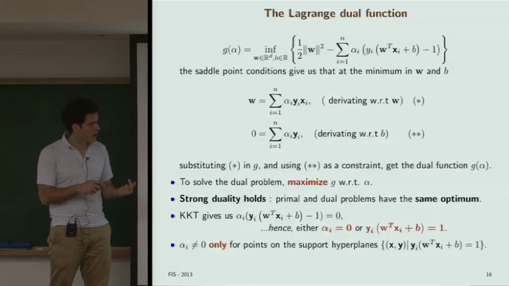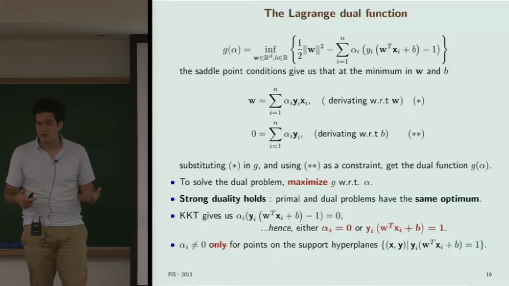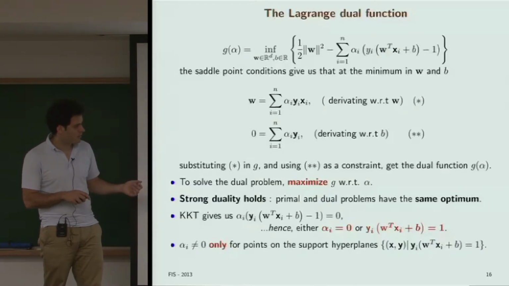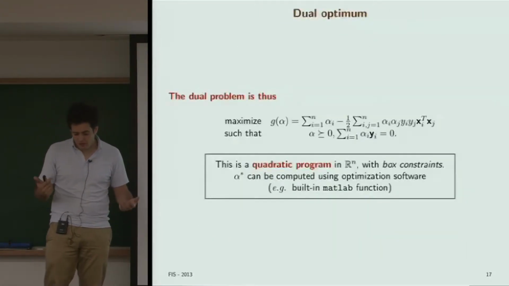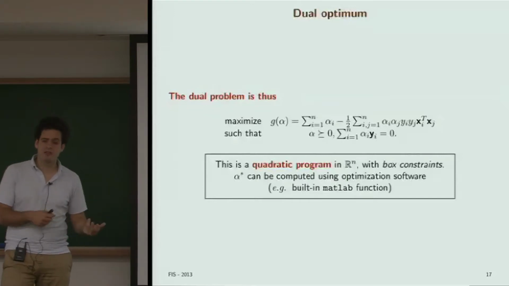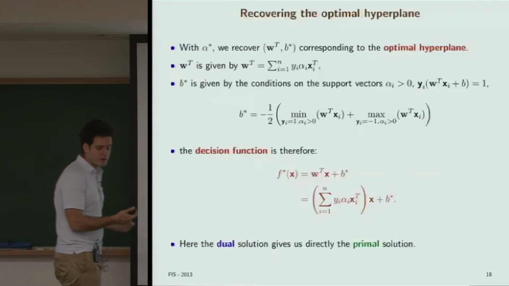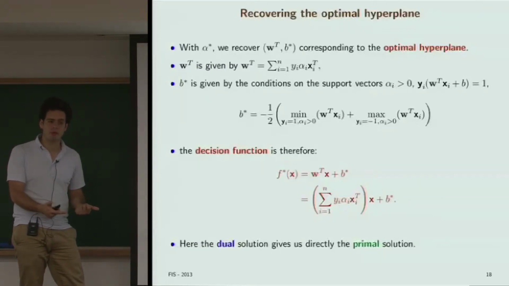Once you have recovered the actual function form, sometimes you can optimize this explicitly, sometimes you cannot. But here we can, because this is just a quadratic function. Then we get the explicit form of g of alpha, and maximizing g of alpha is equivalent, in this case, to minimizing the primal. And once we have the solution alpha star, we can recover the solutions for the primal problem, W and B.